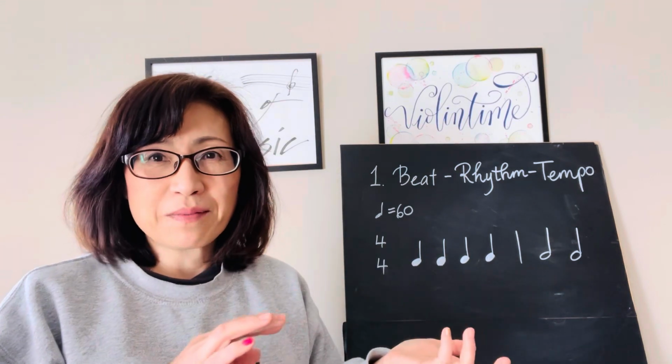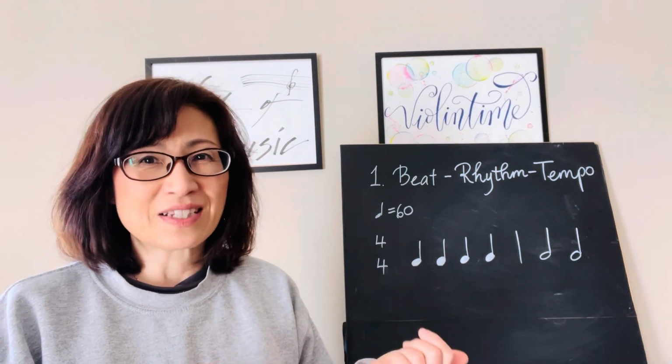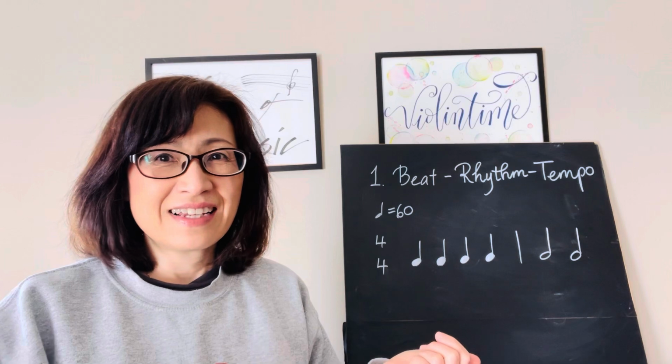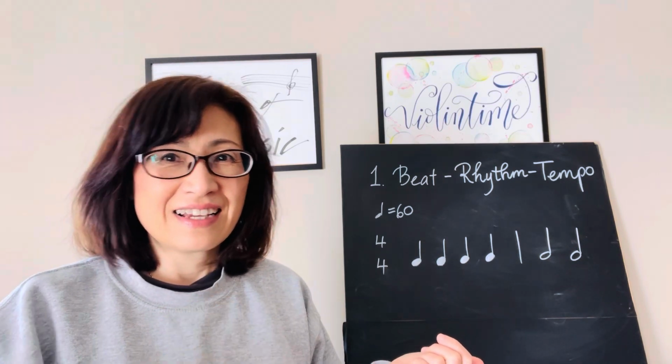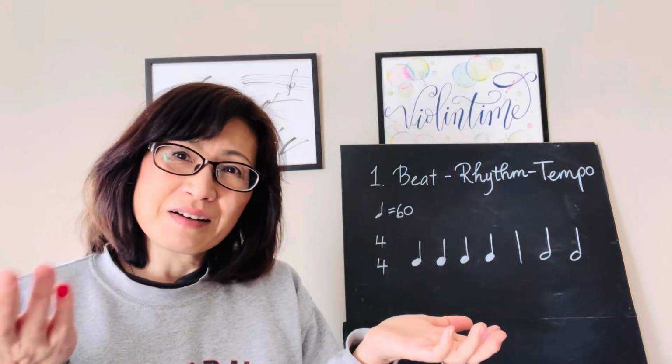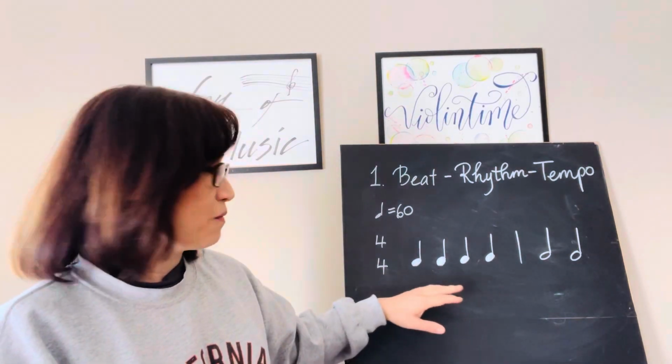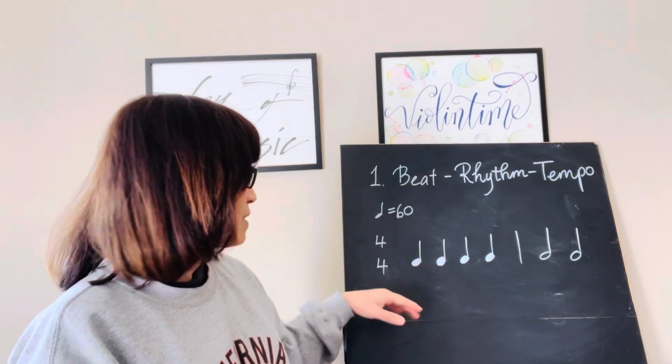So when you play music, you don't want to play always a crotchet. You want some different rhythm. So for example, 4/4, four beats in a bar, four crotchet beats in a bar.